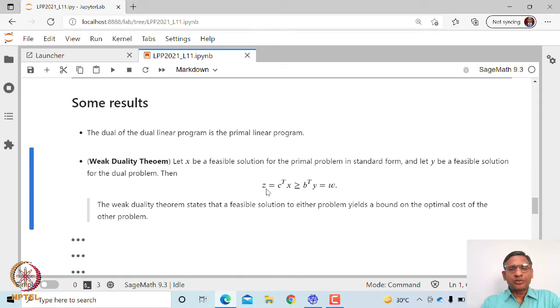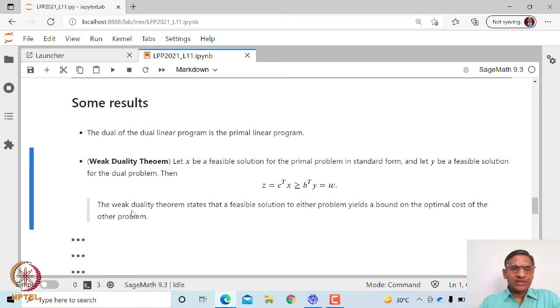Then if you look at the value of the objective function at X of the primal and the value of the objective function at Y of the dual, there is a relation. This says that Z, which is C transpose X, is always greater than or equal to B transpose Y, which is equal to W. Therefore, if you take any two feasible solutions X and Y of the primal and dual respectively and compare the value of the objective function, this is the relation: Z is always greater than or equal to W.